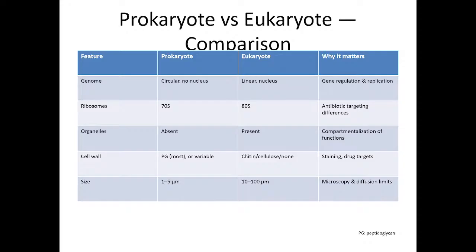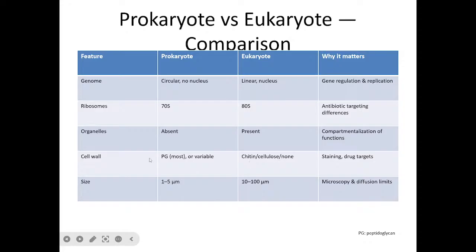Compartmentalization means separation, delimitation, distinction. It differentiates the internal from the external. And the cell wall, I told you, is made up of peptidoglycan in most prokaryotes, whereas in eukaryotic it is made up of chitin, cellulose, or it can be absent completely. That's what they use for staining techniques to differentiate them into gram-positive, gram-negative, or acid-fast. And they are also targets for certain drugs.